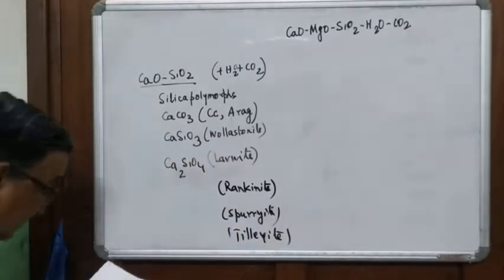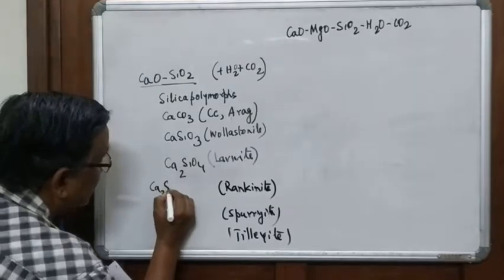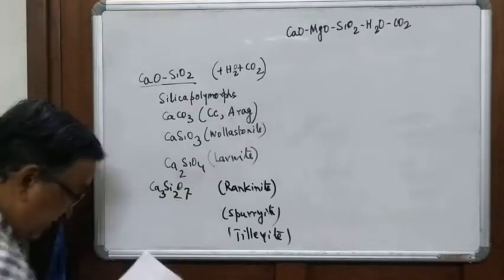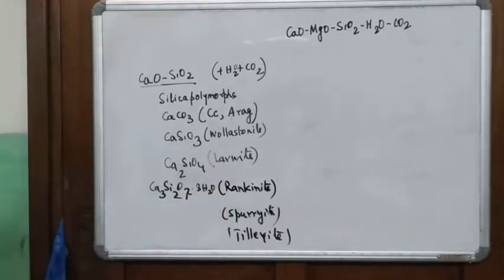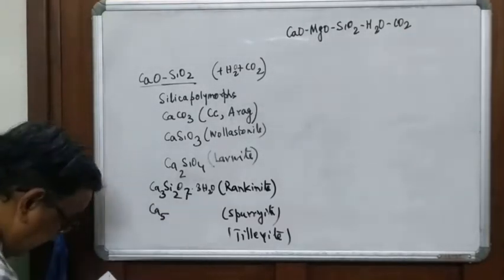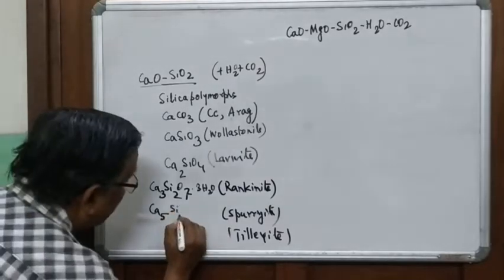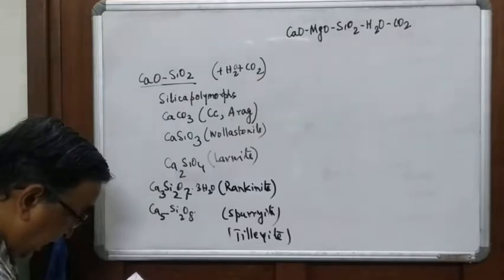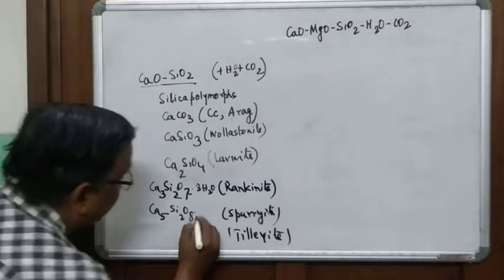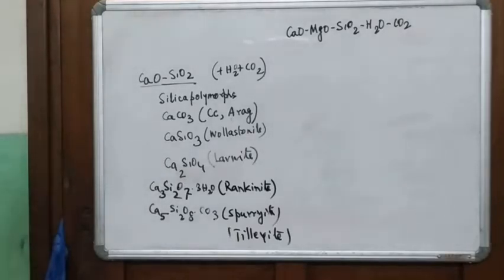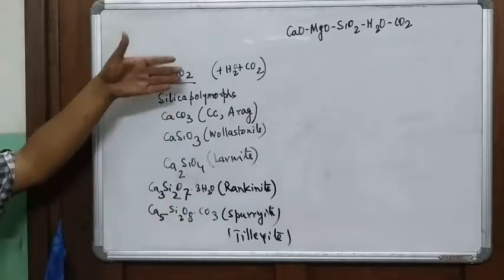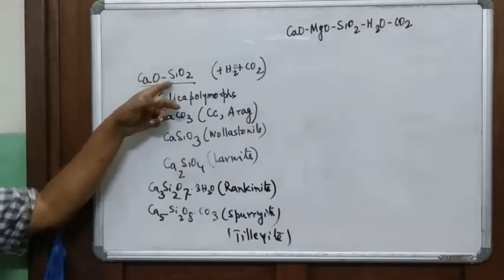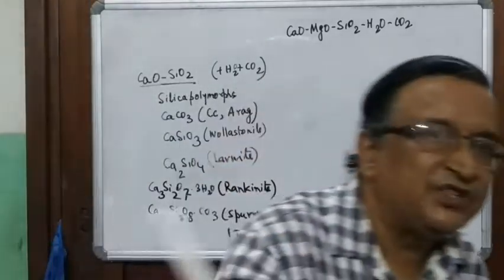So rankinite, the formula is Ca3Si2O7. Spurrite is Ca5Si2O8CO3. So this is how they occur. Tilleyite is very similar to spurrite. So these are the minerals that occur in the CaO-SiO2-H2O-CO2 system.